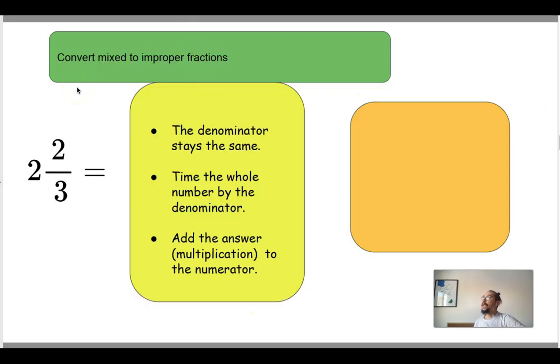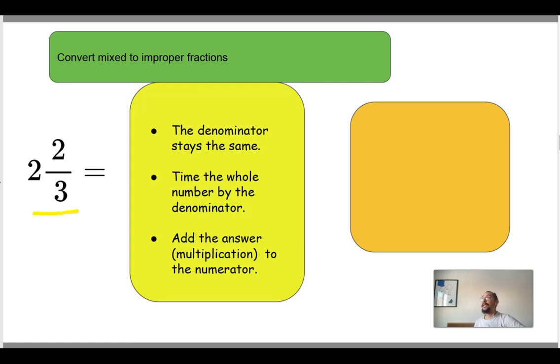The only thing that we are going to focus on in the next exercises is that we are going to convert a mixed fraction to an improper fraction. One of the things we need to understand are the steps on how to get a mixed fraction into an improper fraction.